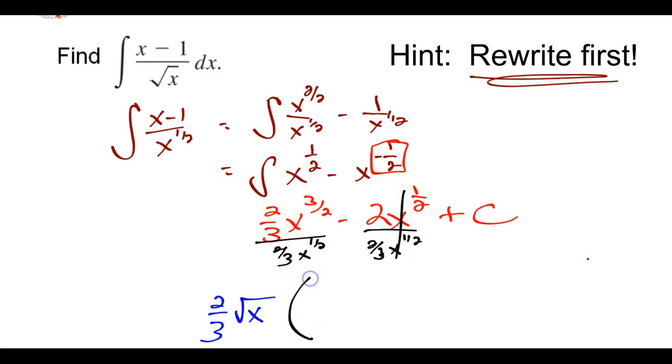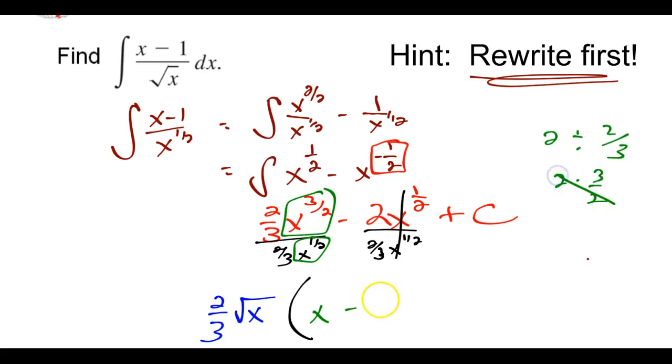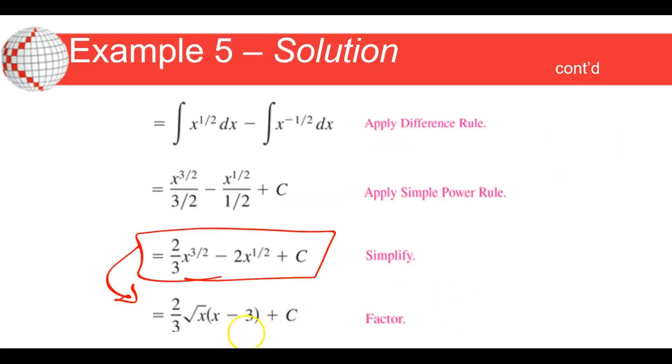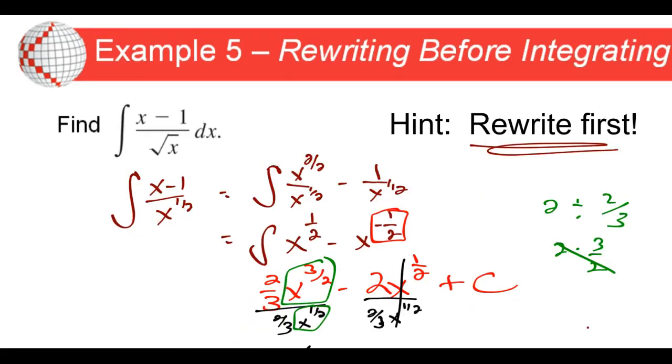So what's left is x to the 3/2 divided by x to the 1/2. You rewrite the base and subtract. 3/2 minus 1/2 is 2/2, or just x. Minus, and then it's 2 divided by 2/3, which is 2 times 3/2, which is just 3. And then plus c. That turns out pretty nice. That's what they had for the final solution.